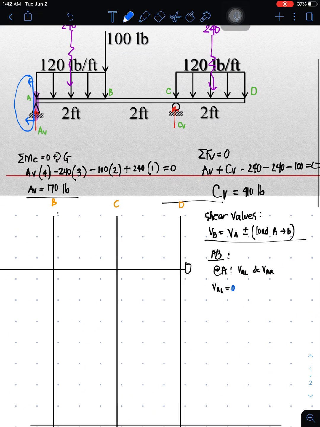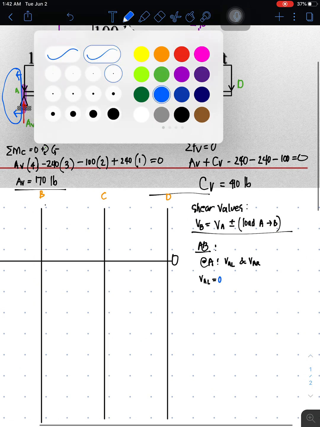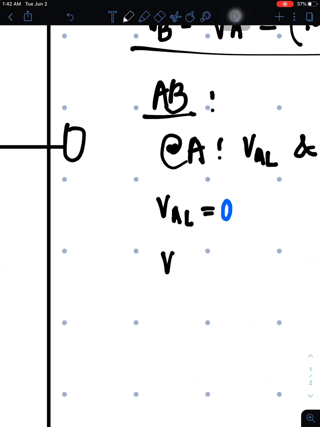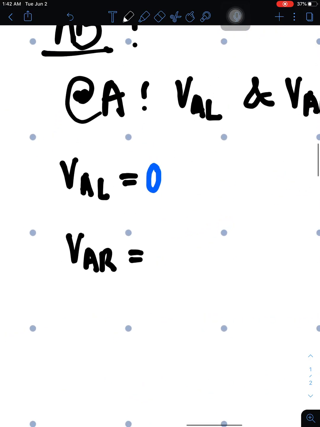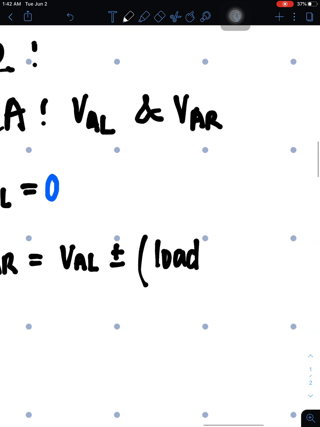Next, we're going to plot the shear right of A. What we're going to do is copy the previous value, which is the left, then plus or minus the load between A left to A right.